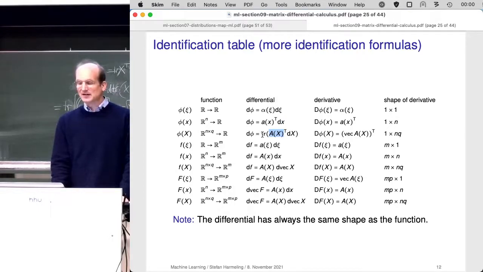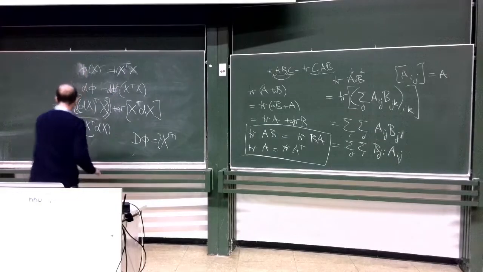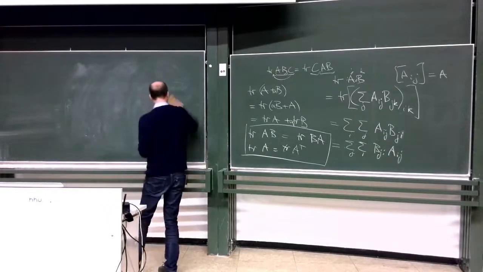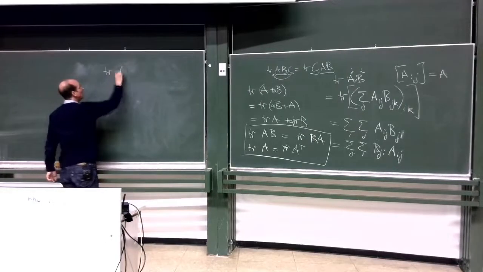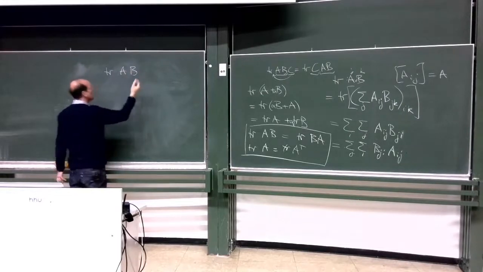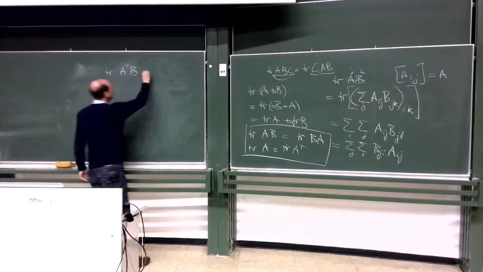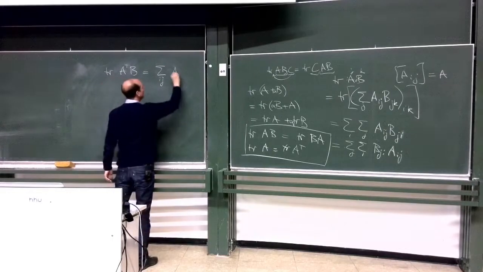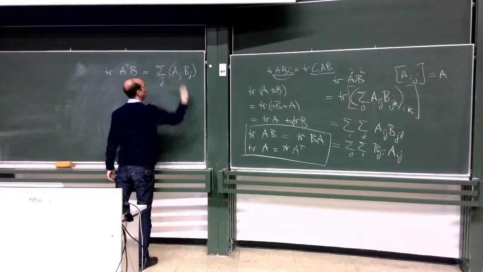So let's see that this is exactly what it's doing. Let's try to write it down. Basically what I'm saying is the trace of A times B, let's say A transpose times B. That is exactly the summation over ij of all the entries A_ij times B_ij.